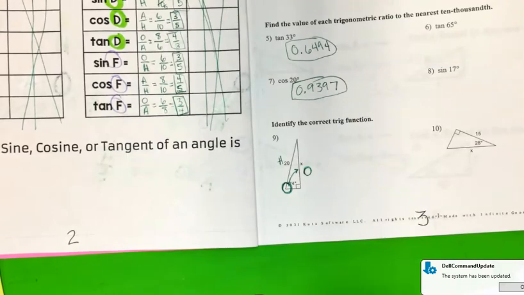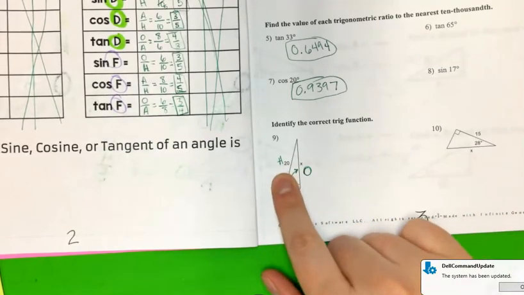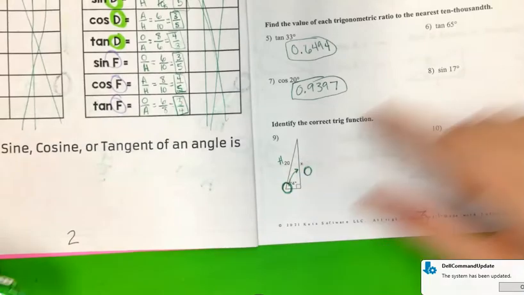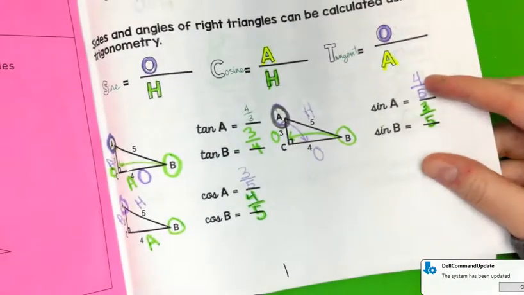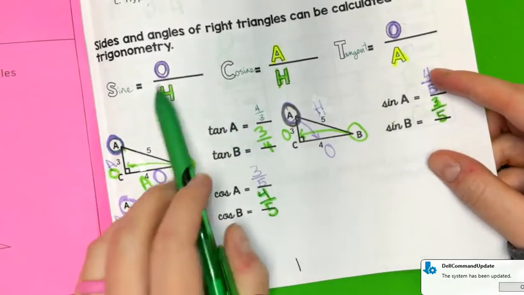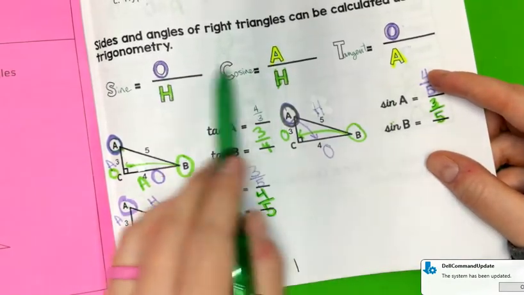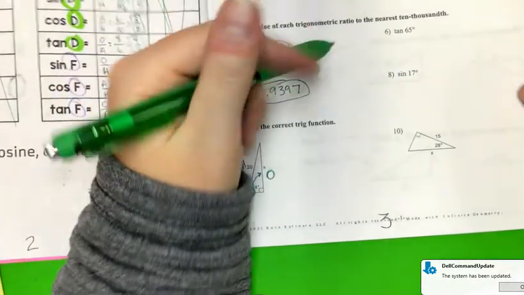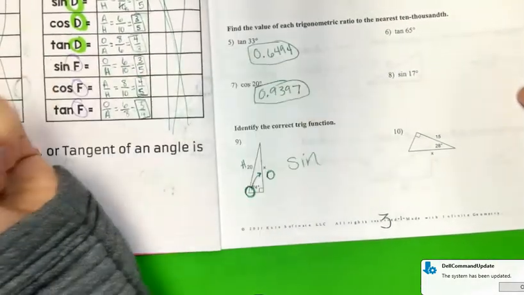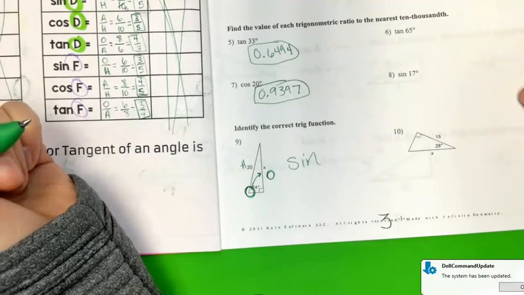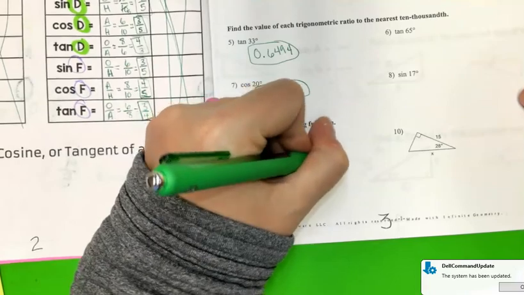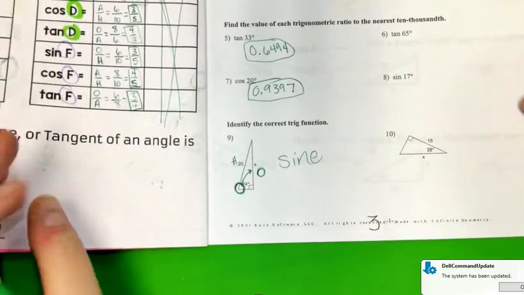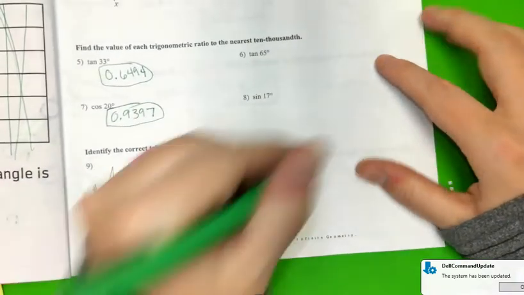All right, so we have O and we have H. So if we look back, we want to identify the correct trig function. Which one would that be? Well, which one only has O and H? Sine, right? So sine is the correct trig function. You can put SIN or you can put SINE. It's up to you.